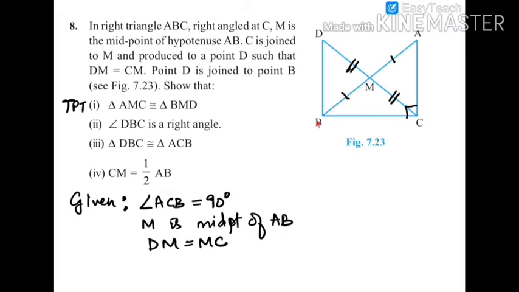DC and AB are two lines that intersect at M. So we can say that vertically opposite angles are equal. And these angles are included between the corresponding sides that are equal in these two triangles. So which rule is applicable here? Side angle side. Let's write down this much.